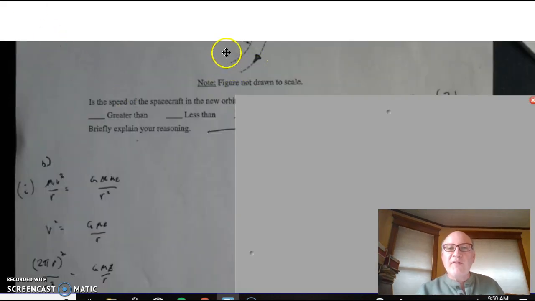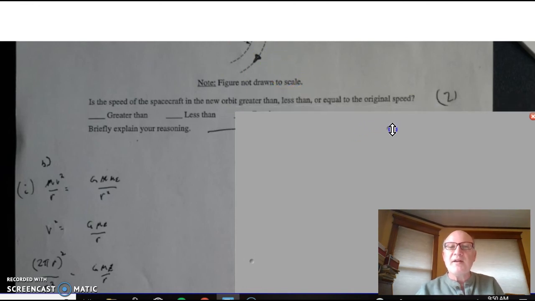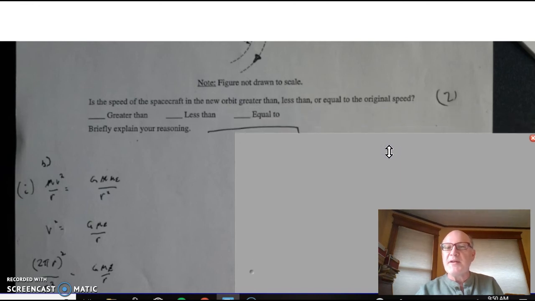Okay, so my photograph is just off a little bit, but just above the photo here it says the first spacecraft is moved into a new circular orbit that has a radius greater than r, shown in the figure below. So you can see this was the original orbit here, and now it's out to this larger orbit. Okay, so the question is, is the speed of the spacecraft in the new orbit greater than, less than, or equal to the original speed?